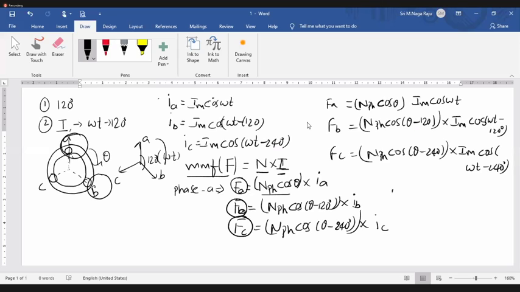The machine means air gap. So all these three fluxes are produced in the air gap. So the resultant is the addition of these three, that is FA bar, FB plus FC.